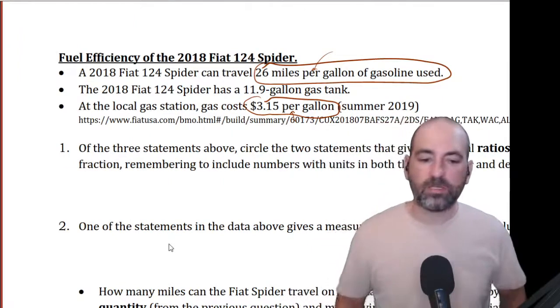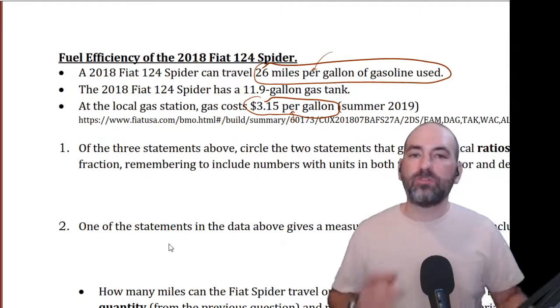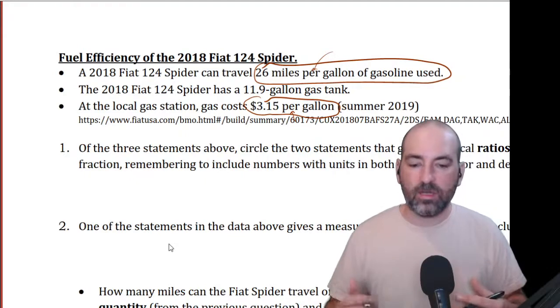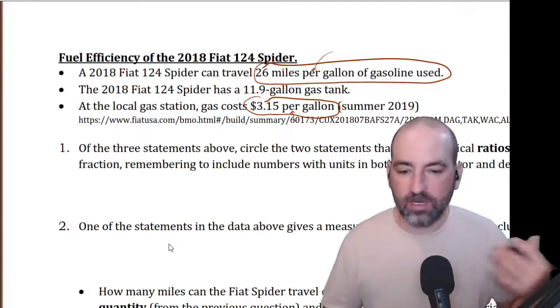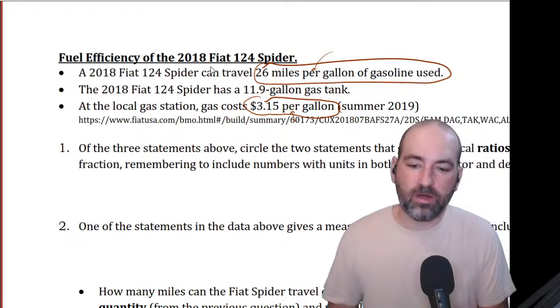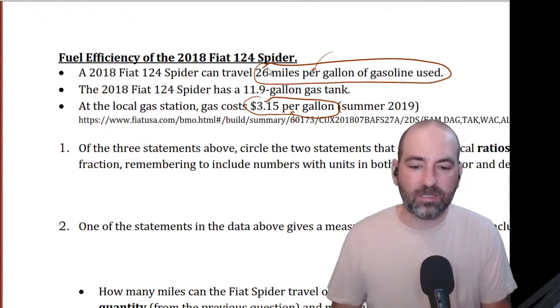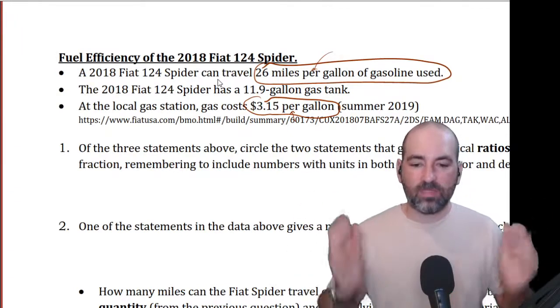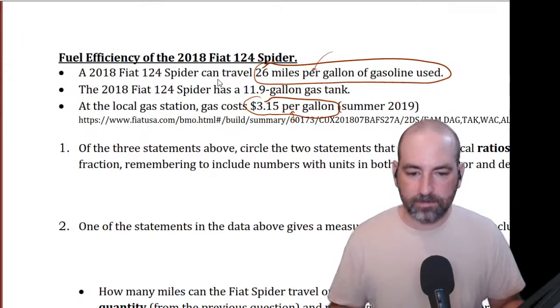There are a few different ways of expressing that. But the idea is you have two different units in a ratio here, miles and gallons, or dollars and gallons. The middle one is just a description of the size of the gas tank. So there's no ratio. It's not relating two different units to each other. It's just saying how big the gas tank is.